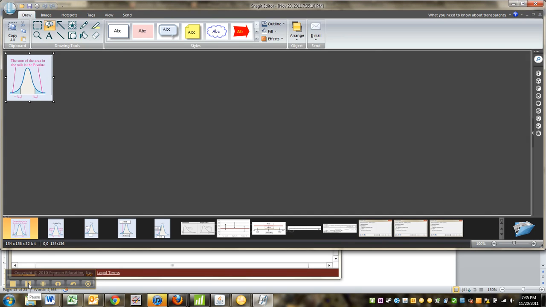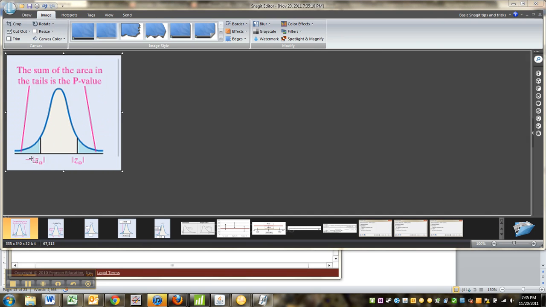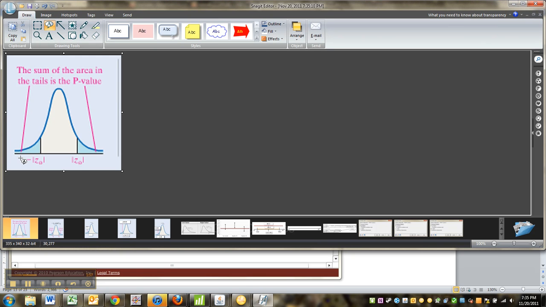Okay, so we just found that this number over here was negative 1.75, right? Negative Z0 is negative 1.75. And then by the same token, positive Z0 will be positive 1.75. Then up above, the area in both tails will be your p-value.